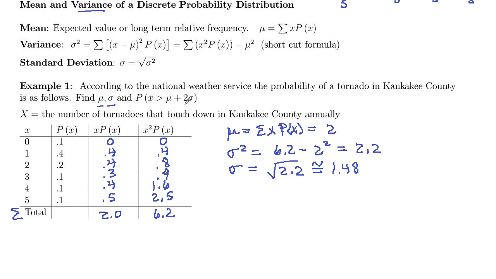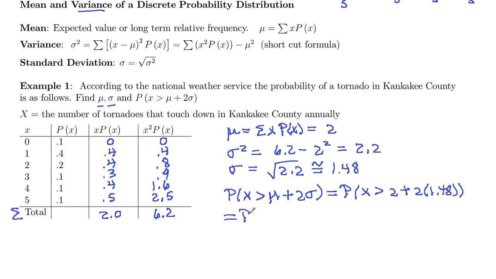Now we need to find the probability that x is greater than the mean plus 2 standard deviations. Well, let's put in the numbers here. That's saying the probability that x is greater than our mean, 2, plus 2 times the standard deviation, so 2 times that 1.48. We want to key this into the calculator.